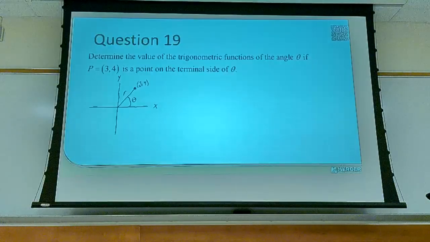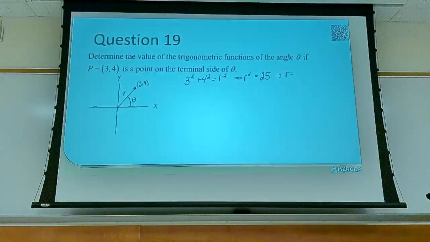Once again, we don't have r, but we can find it by doing the square root thing. x squared plus y squared equals r squared. 3 squared is 9. 4 squared is 16. 9 plus 16 is 25. So what's r?